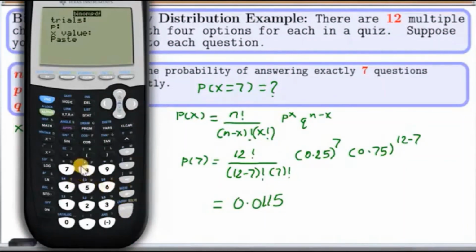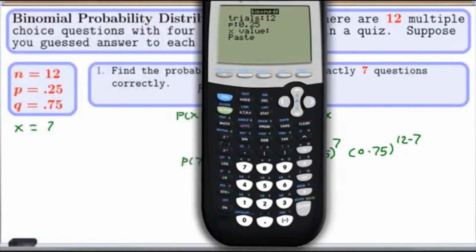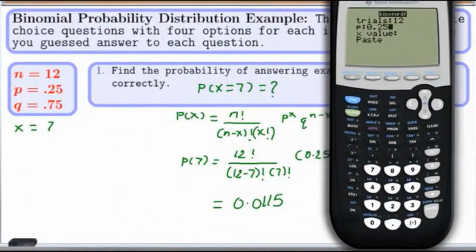Here trials is 12, so punch in 12, then the p-value here is 0.25. Let me move my calculator here so that we can see those numbers, n, p, q, and x. And our x here is 7. So let's put that there, then hit enter, then hit enter. So this is what we got using the calculator, which is exactly the same as what we got using the formula.